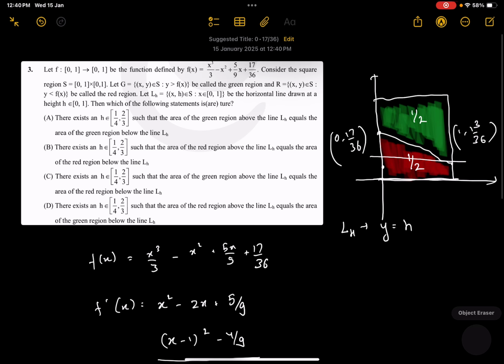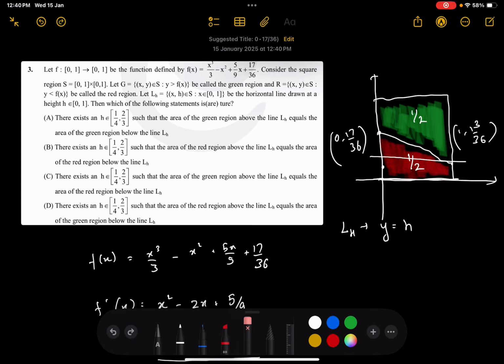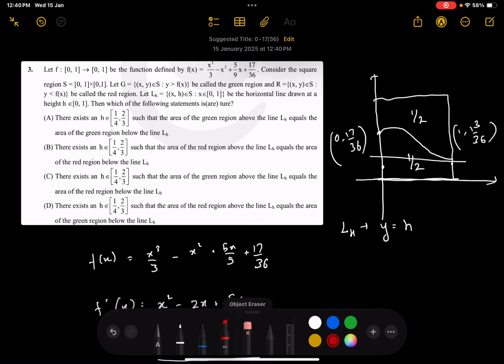So the graph is in fact something like this. This is the red region. This is the green region.